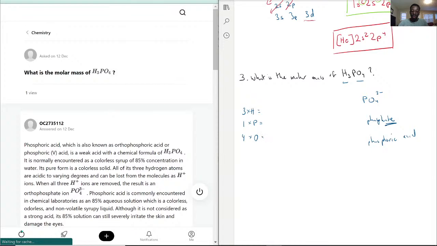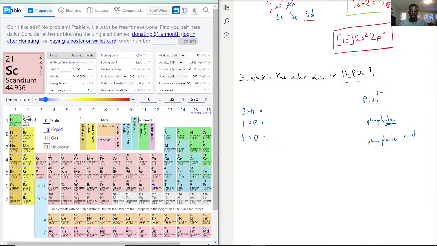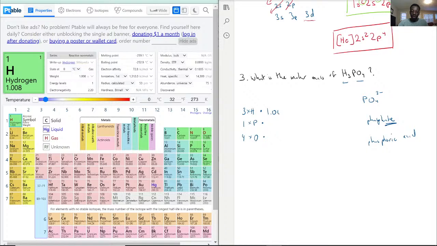And with that being said, that means 3 times hydrogen, so you want to multiply that by its atomic mass units. Well, atomic mass. And that would be right here. You see this number where it says the weight? That is the number we're going to use, 1.008. Okay, that's for hydrogen.